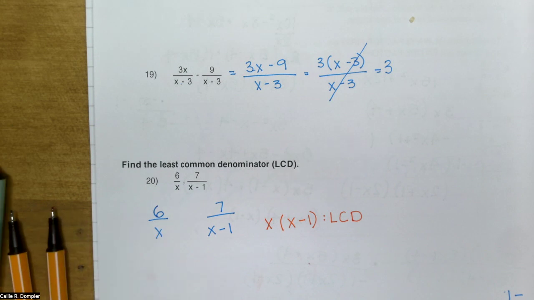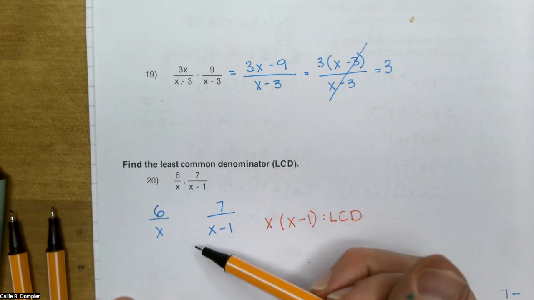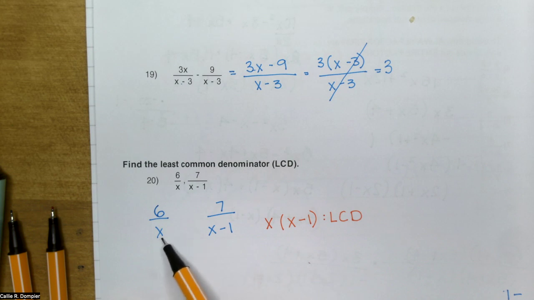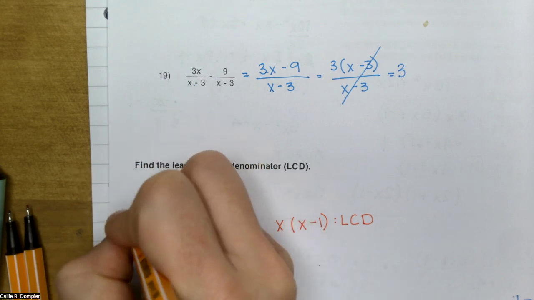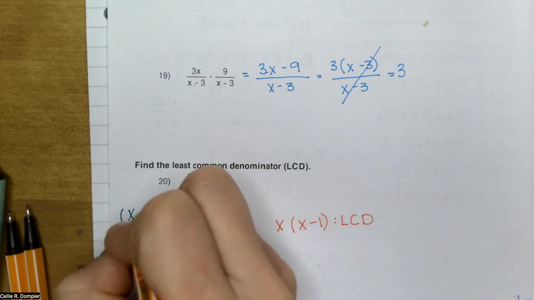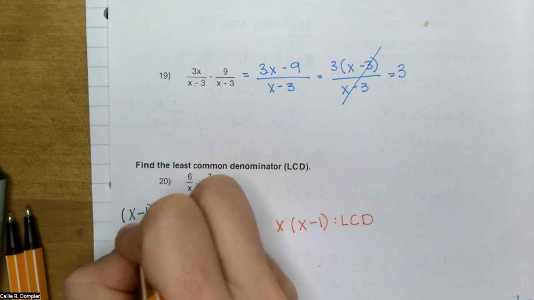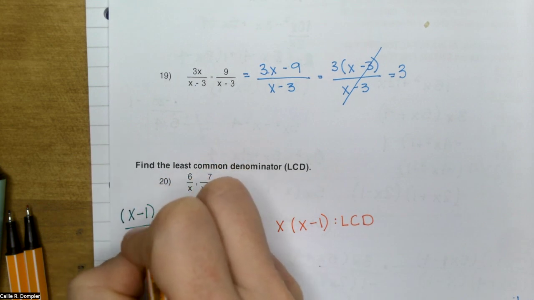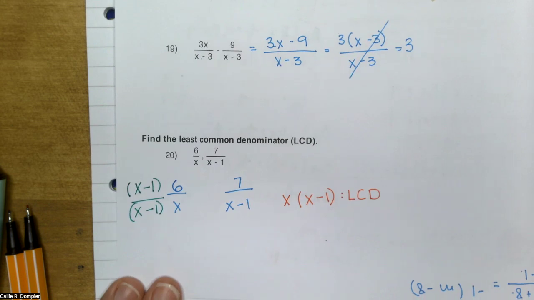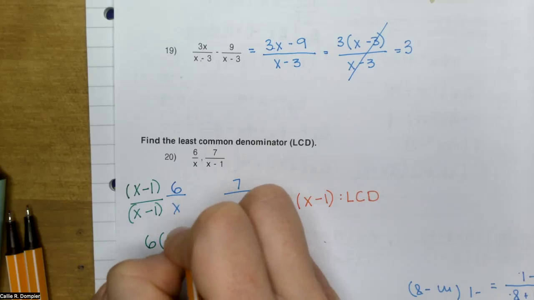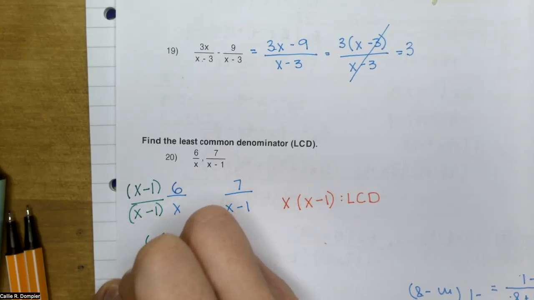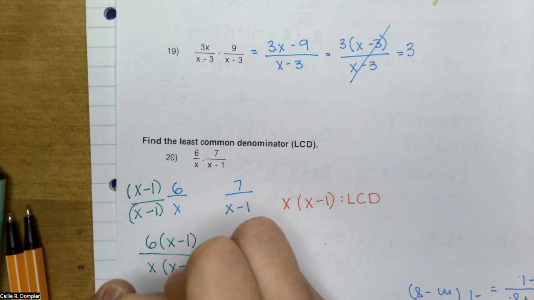Now, what would I do to apply the least common denominator? Here, if I need to get it to x times x minus 1, I have the x. I would multiply both top and the bottom by x minus 1. Right? So then at the top I have 6 times x minus 1.